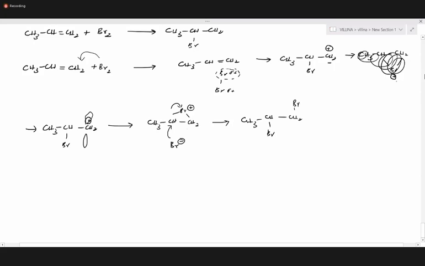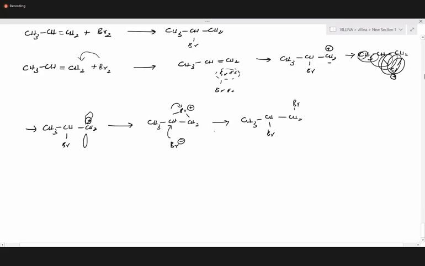The mechanism is not important, but in what way these bromines are added will be the important part. Because in the exam they have asked what the final product is when a trans alkene is brominated. When you have chiral centers, isomerism will take place, right? So in that point of view, they have asked the question.